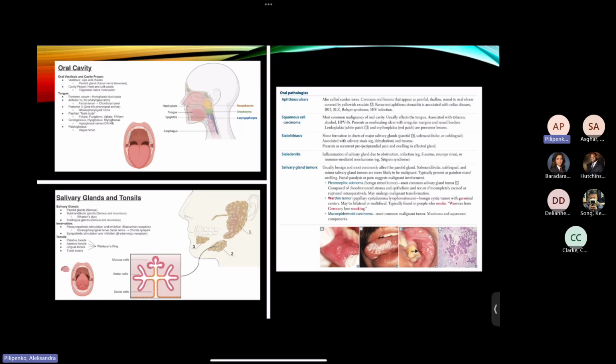So let's start with oral cavity. I just put basic anatomy for you guys to refresh on. It's important to remember how our tongue is innervated, right?